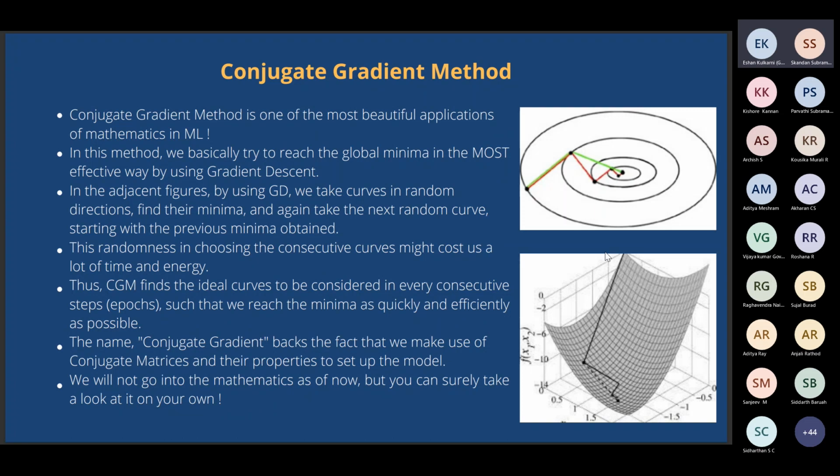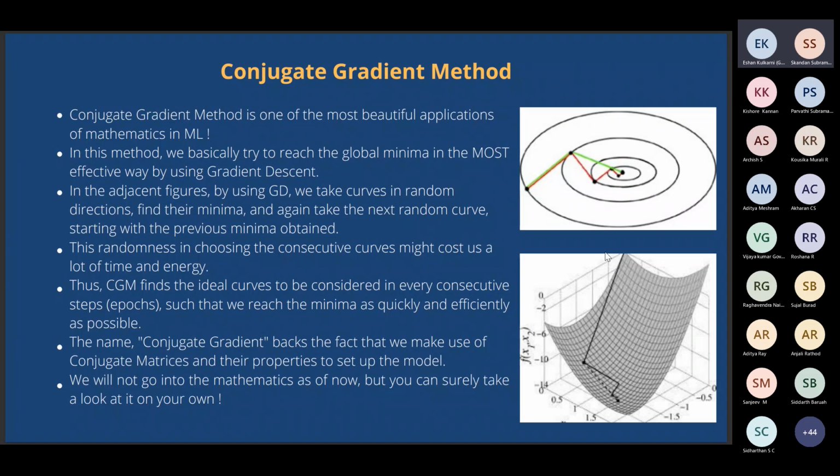Without the mathematics, this might seem very abstract, but the mathematics is very complex, so I won't go into it as of now. But if you're curious to know about it, you can surely go and search for it. I'll attach a link on the group about this mathematics.